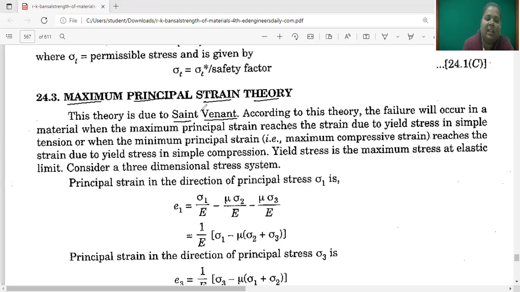That means this theory is developed by the scientist Saint Venant. Okay, this theory is due to Saint Venant. Full stop.